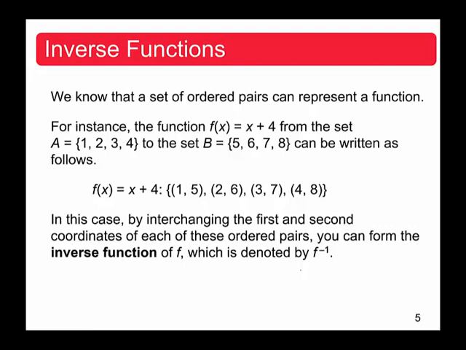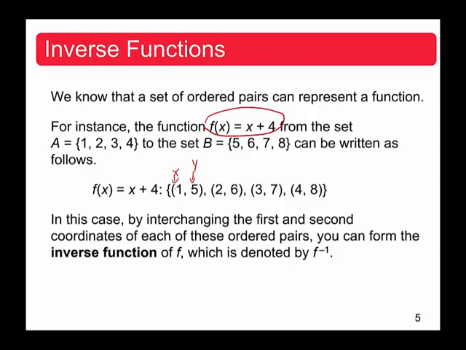For example, let's say we have a function f of x equal to x plus 4, and we can generate some ordered pairs. x equal to 1, y equal to 5, so (1, 5) is one ordered pair. x equal to 2, y equal to 6, right? So 2 plus 4 gives you 6. x equal to 3, 3 plus 4 gives us 7. x equal to 4, 4 plus 4 gives us 8.